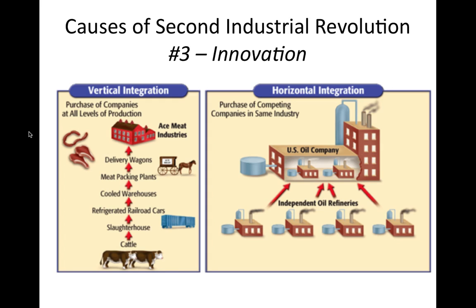So, for example, Ace Meat Industries might decide that instead of just having the meat packing plants where they process the meat and package it to be sold in markets locally and beyond, it would make sense for them to own everything that leads up to that process, from the cows and the farms on which they're raised, to the slaughterhouses, to the railroad cars on which they're transported, to the warehouses in which they're stored, to the meat packing plants and the delivery wagons that then take the meat to market.